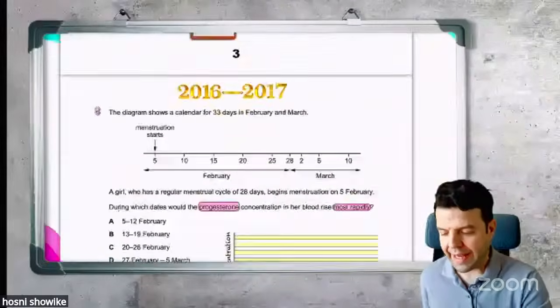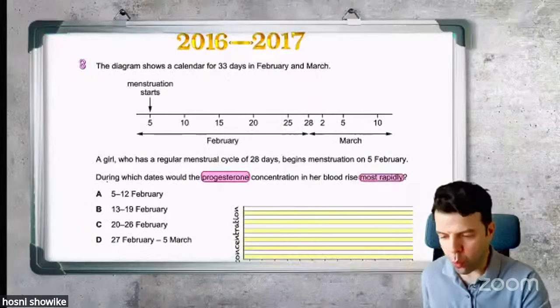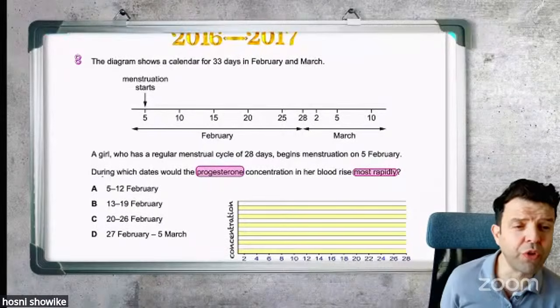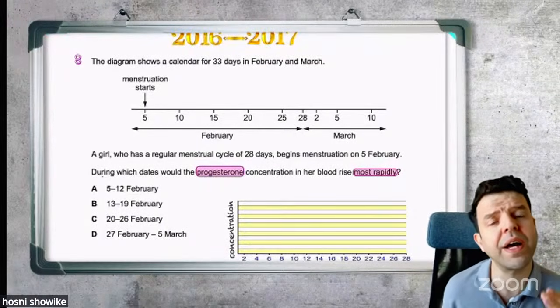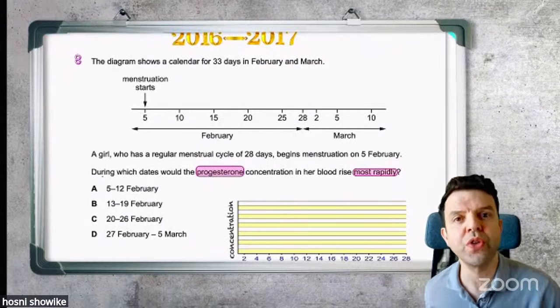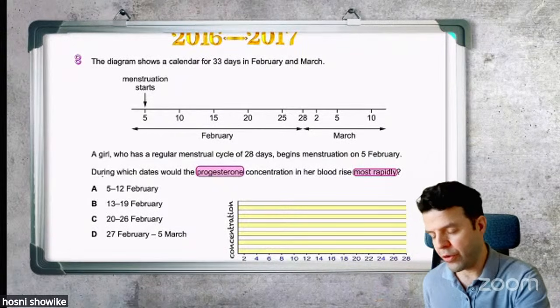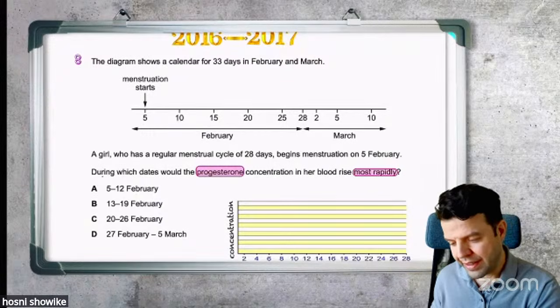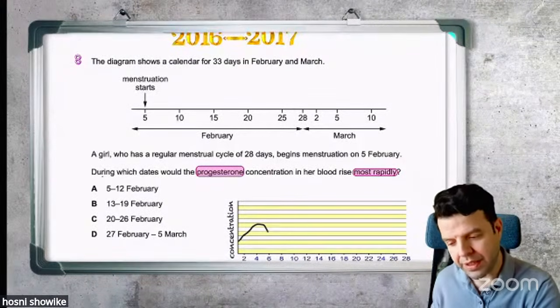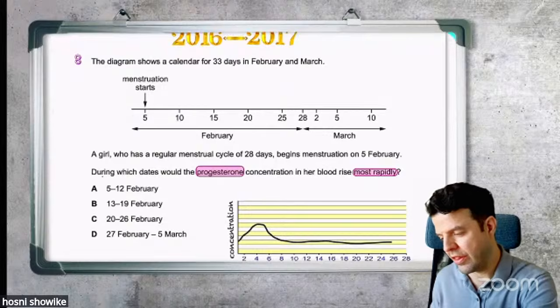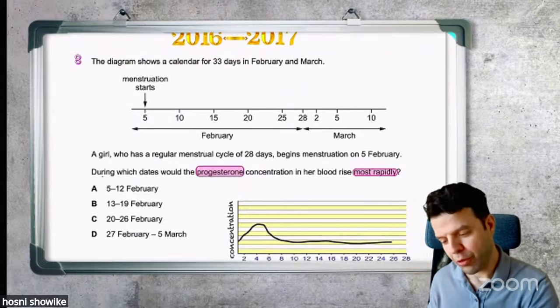Let's check 8. And I want you, once again, if you've forgotten, to remember the sequence of hormones in the menstrual cycle. We used to have first estrogen, then, sorry, LH, I forgot it.